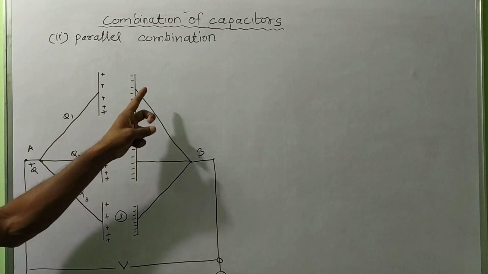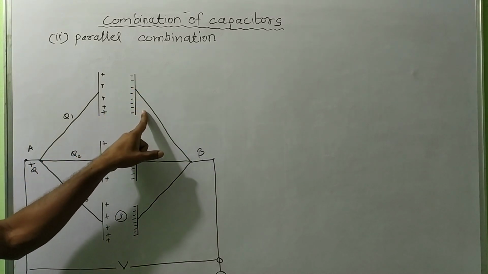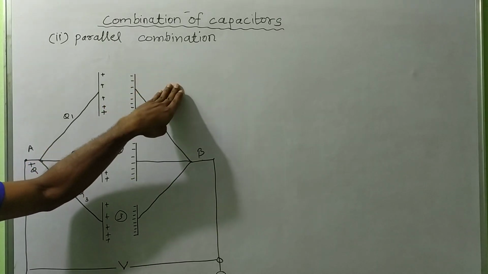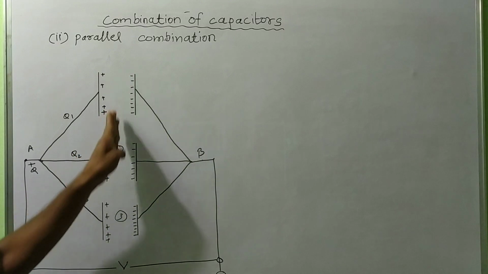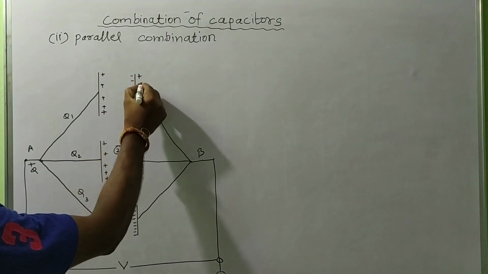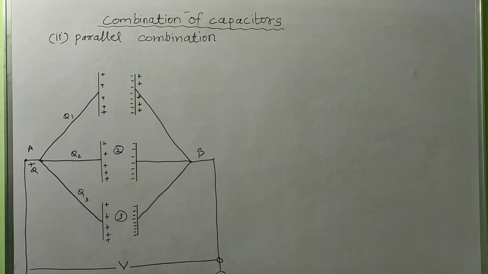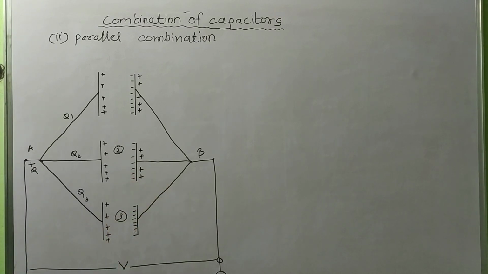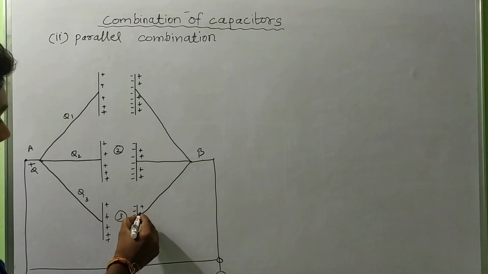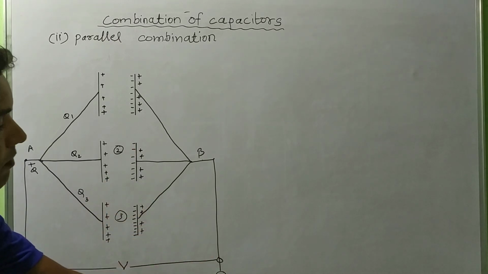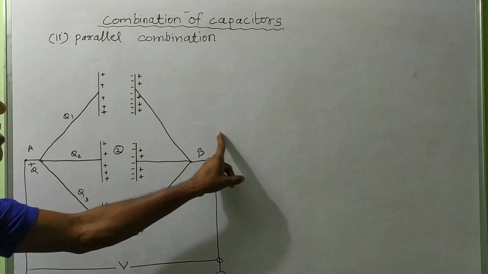Now we will discuss the charge on the outer surface of the second plate of each capacitor. Here there should be positive charge by induction, but this positive charge is neutralized by the electrons coming from the negative terminal of the battery.